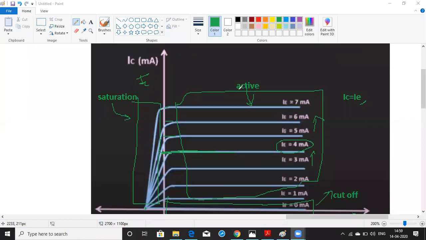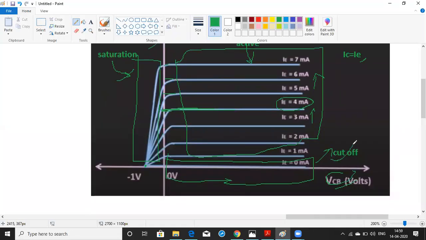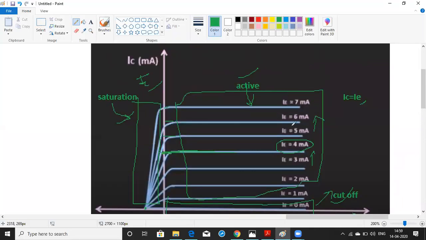Just revising again: we have three regions where the output characteristic is drawn between the collector current and the collector base voltage: the active region, the saturation region, and the cutoff region. With respect to the emitter current, if there is any change in the input current, the output current will also change, because the output current depends on the input current.